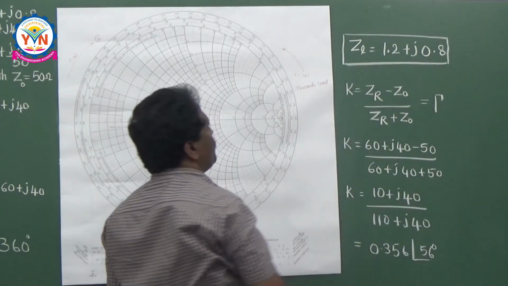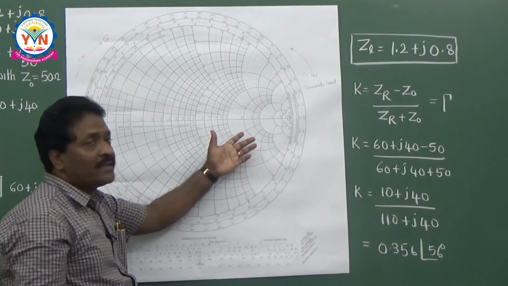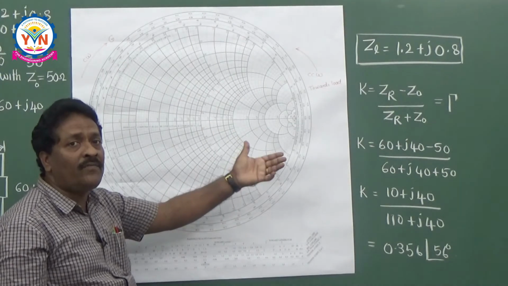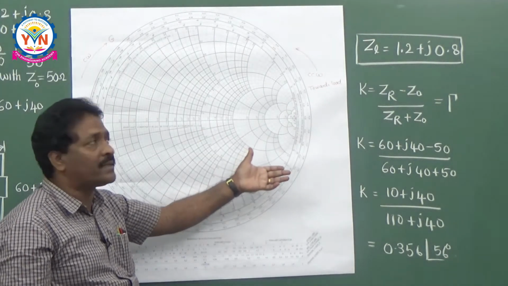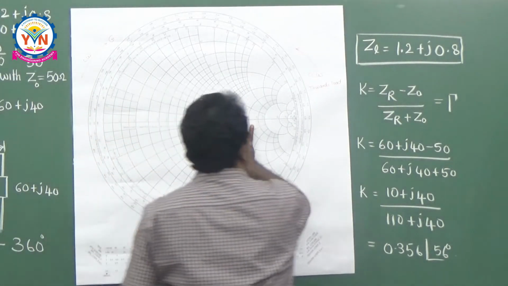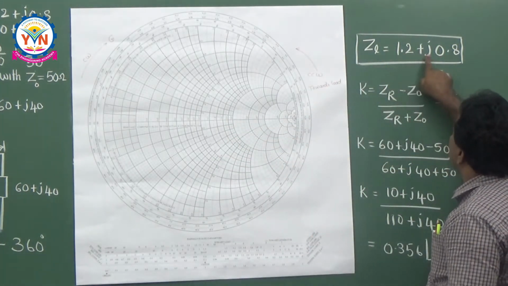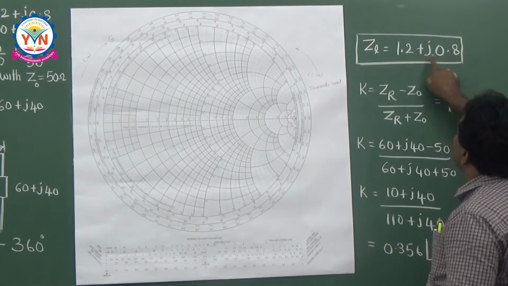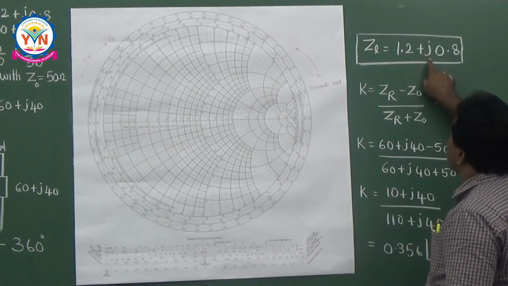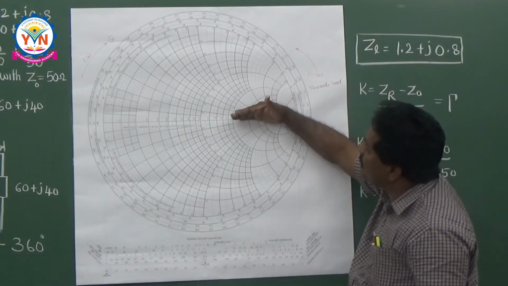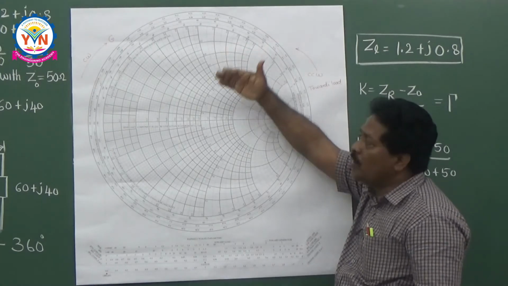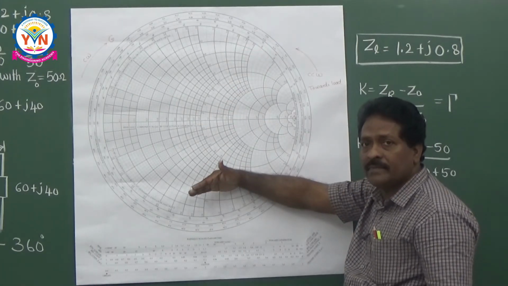Normalized impedance. So what is an impedance? Impedance is an intersection of a resistance circle and a reactance circle. So just identify here the 1.2 resistance circle and this is the reactance circle. As you have plus J here, you always have to go for the upper half. The lower half is meant for negative.